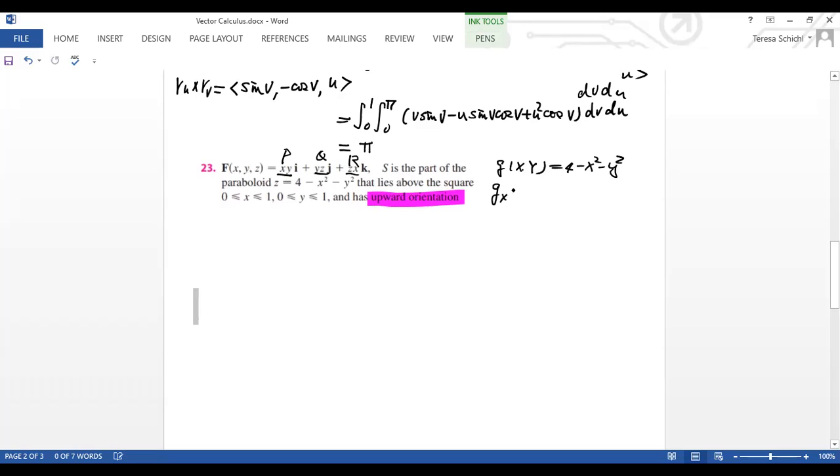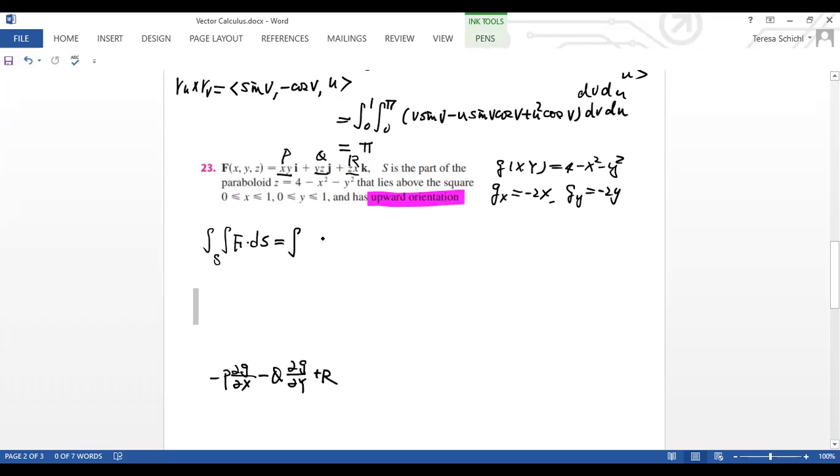Then we know g_x is negative 2x, g_y is negative 2y. So it will be pretty easy. Now this is the integration, the surface integral of F dot dS. You still remember the formula: negative P times ∂g/∂x, minus Q times ∂g/∂y, plus R.